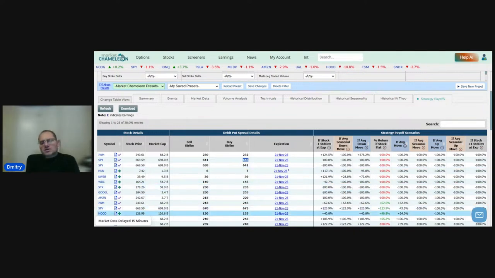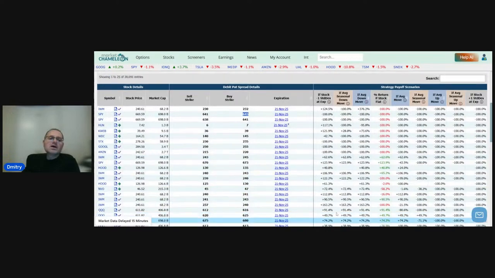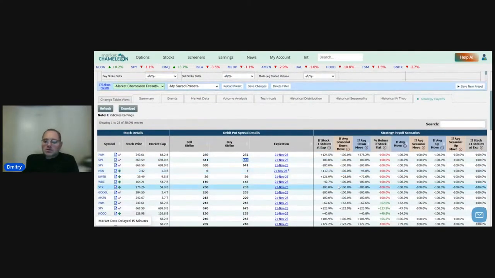So what we did, you could see in a couple of minutes, was just take a quick look at potential ways to either hedge or use the assumption that if the market is going down, the other stocks may be pulled down with it. You could keep going down the line. What are potential bear put spreads?